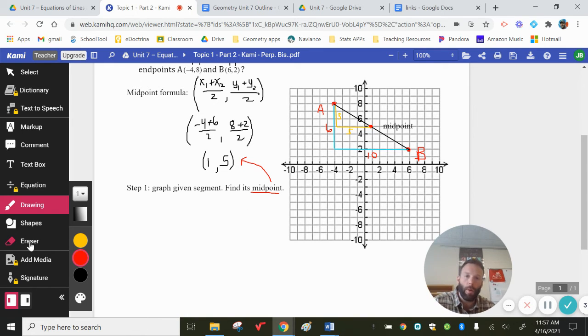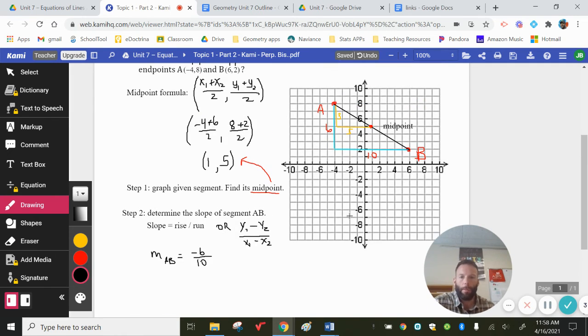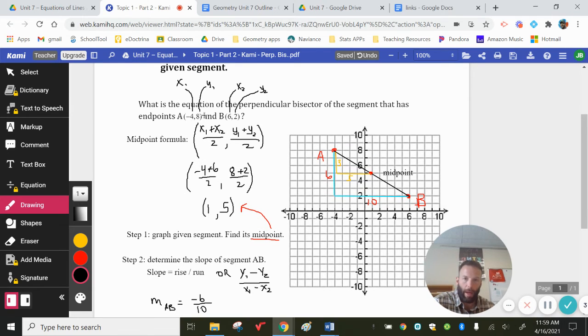So step 2 is to determine the slope of the segment AB. You can do this two different ways. You can look at slope as the rise over the run, or you can use the slope formula, which is the difference of the y's divided by the difference of the x's.